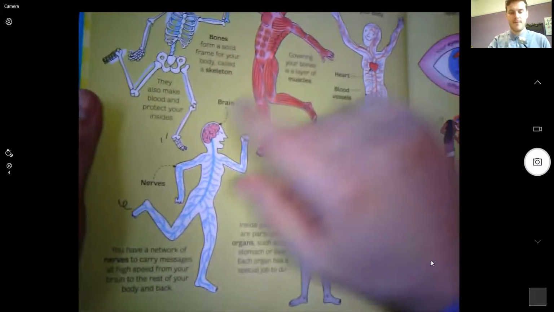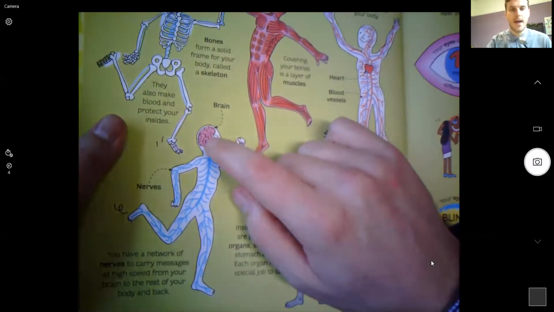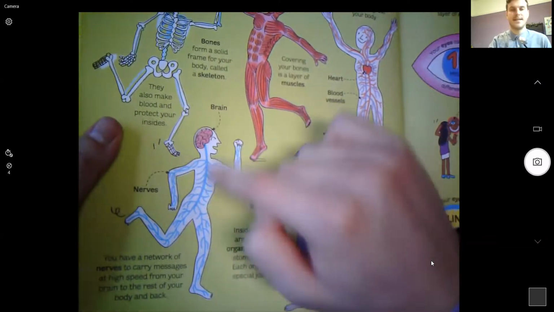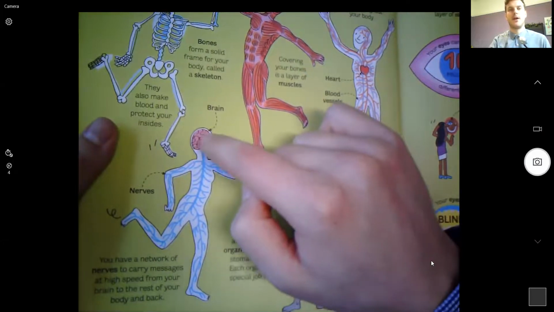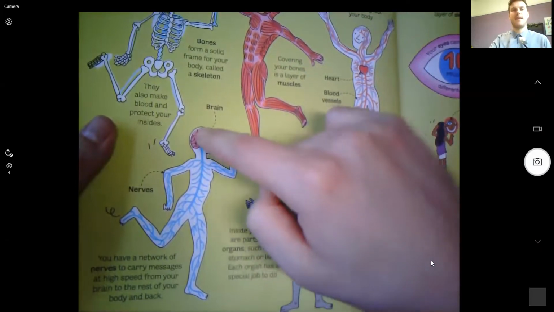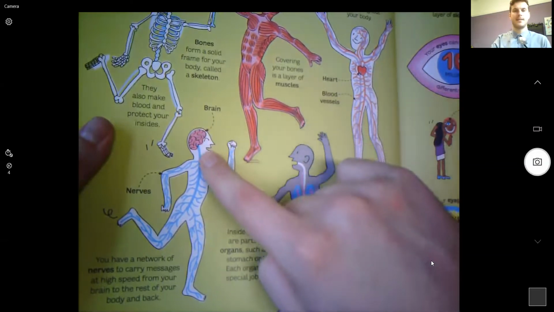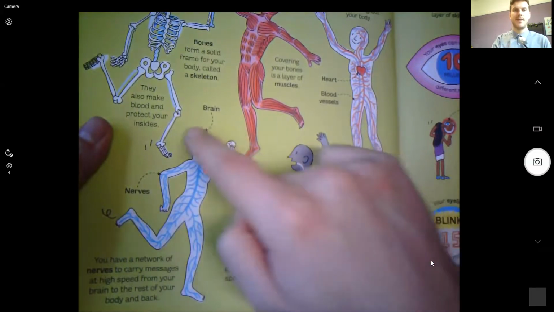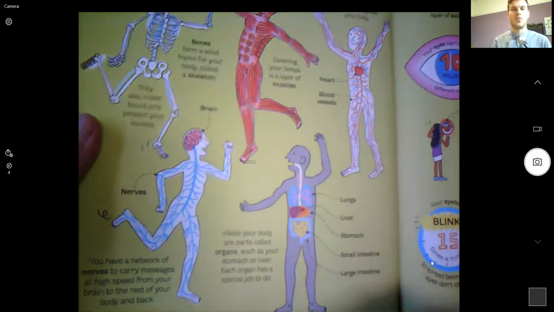Now, every human being has one of these, okay? We have a brain. Our brain acts as the center where all of the messages get sent around our body, okay? So we've got a brain inside our head, and the messages get sent on little systems called nerves, okay? This is our nervous system that transmits and sends information to all of our different body parts and tells us what to do.